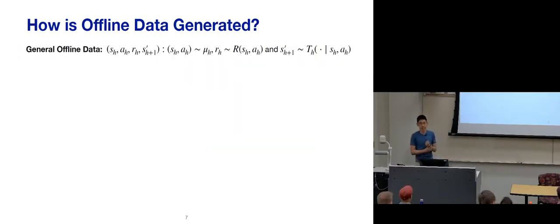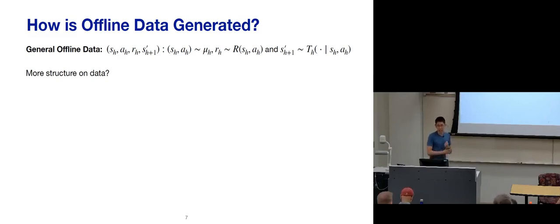So the next thing: previously we mentioned this data is generated according to some distribution mu, which we call the offline distribution. But sometimes, if we have assumptions on the data, that is, if we have more structure on the data, this may be more beneficial to the learners so that they can learn to approximate the value functions more easily.